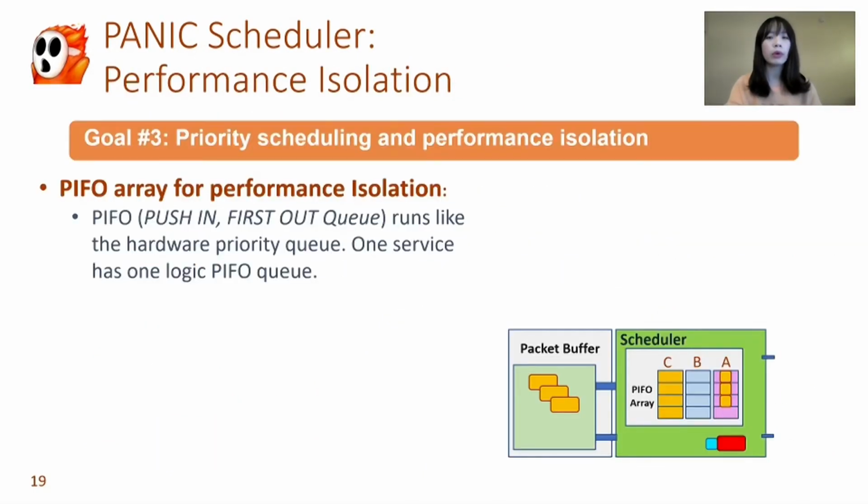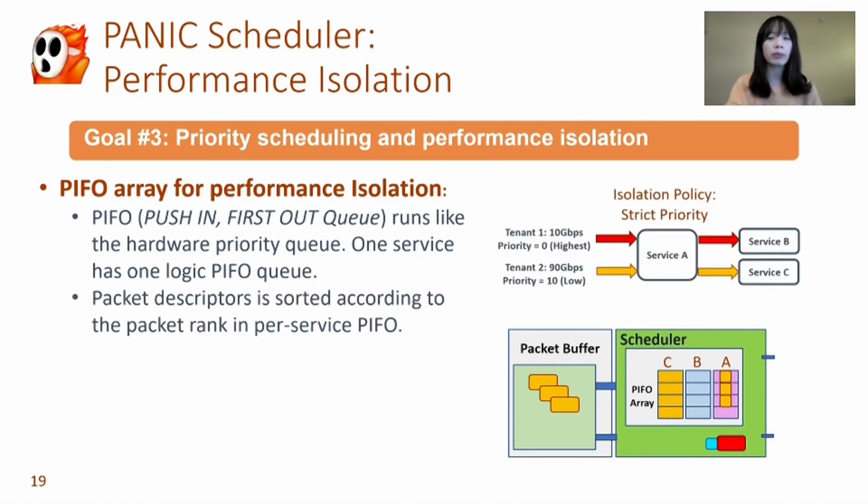The third goal we want to achieve for the scheduler is performance isolation. PANIC utilizes a recent scheduling hardware block called PIFO for priority scheduling and multi-tenant isolation. Let me give a quick example to show how PANIC provides isolation. In this example, service A is shared by tenant 1 and 2, and the isolation policy is strict priority, which means every packet from tenant 1 has higher priority than tenant 2.